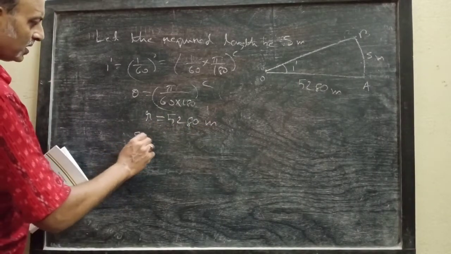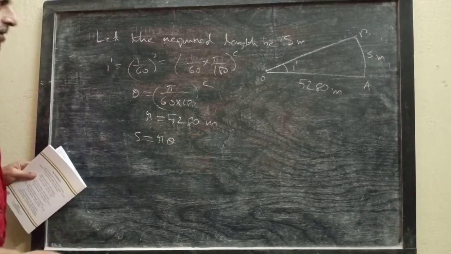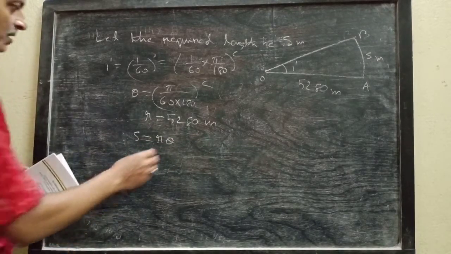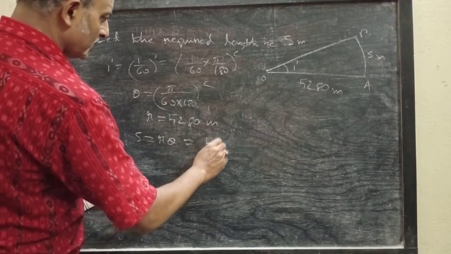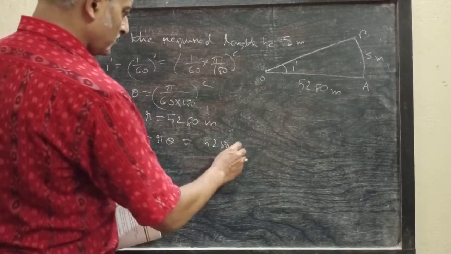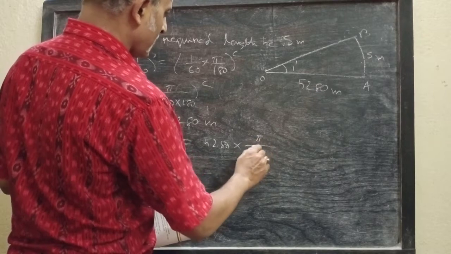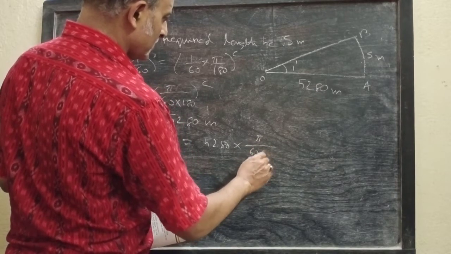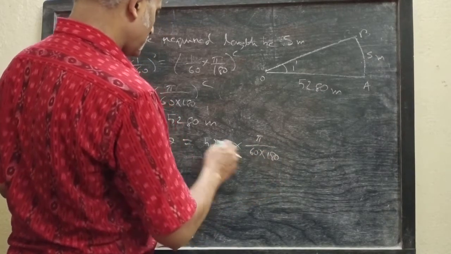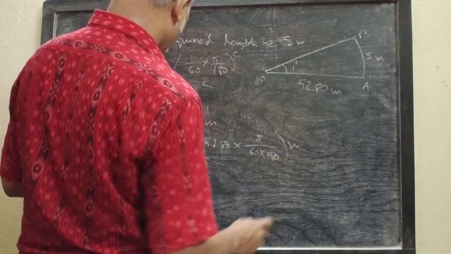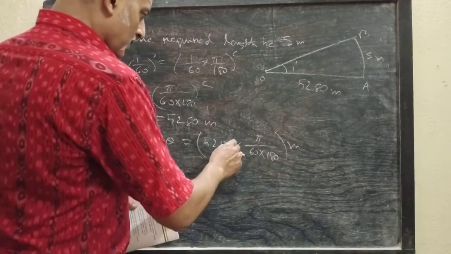Now you have the relation S equals R theta and we are asked to find S. So now put these values here. 5280 into theta, which is pi by 60 into 180, meter. Cancel 0.